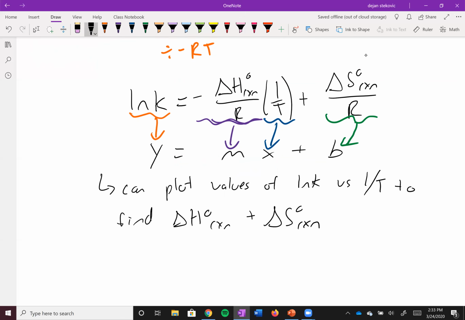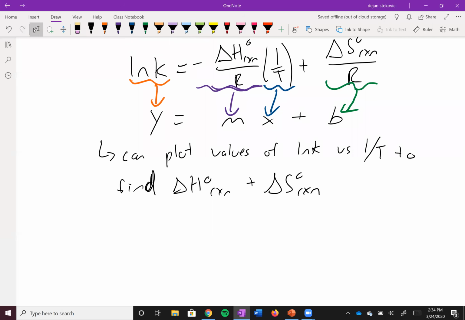So for instance, if you wanted to know the standard enthalpy of a certain reaction, then you could do your reaction at a certain temperature, increase the temperature, rewrite what K is, and plot ln K versus 1 over temperature, my bad, right?